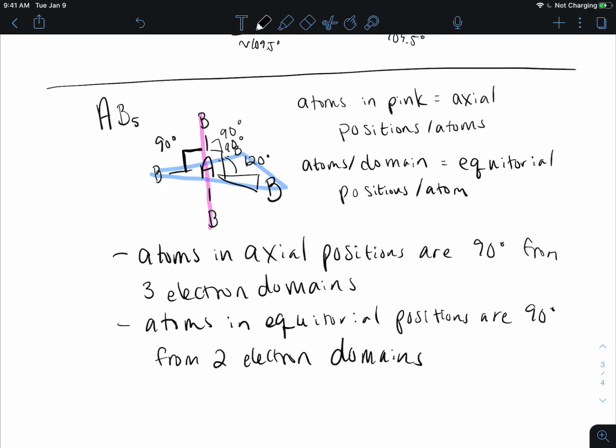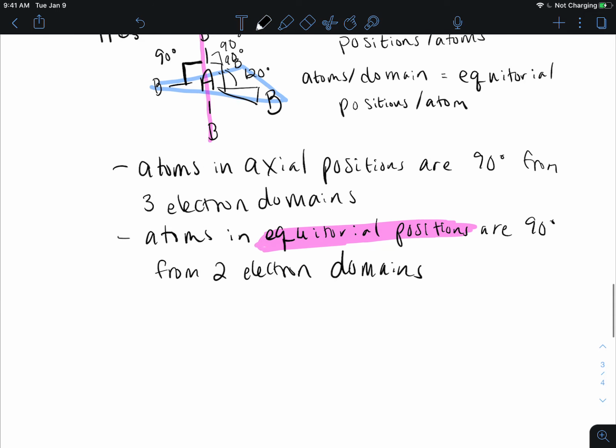Because of this, we always put electron pairs in equatorial positions. So our equatorial positions have less repulsion.